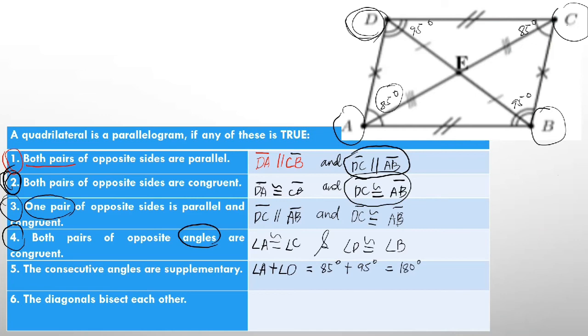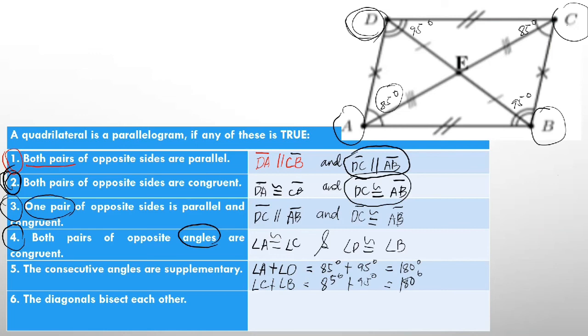Another consecutive angle that we have, we can say that angle C plus angle B is equal to, so 85 degrees plus 95 degrees is equal to 180 degrees as well. So they are supplementary. And then you can also try the angle D and angle C. 95 degrees plus 85 degrees, it is also equal to 180 degrees.